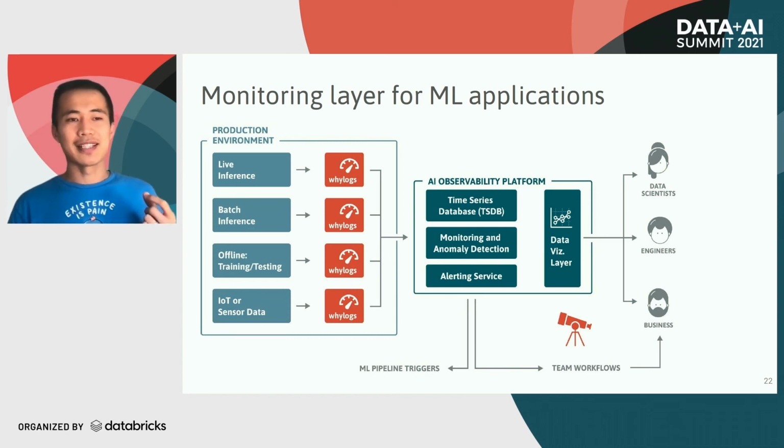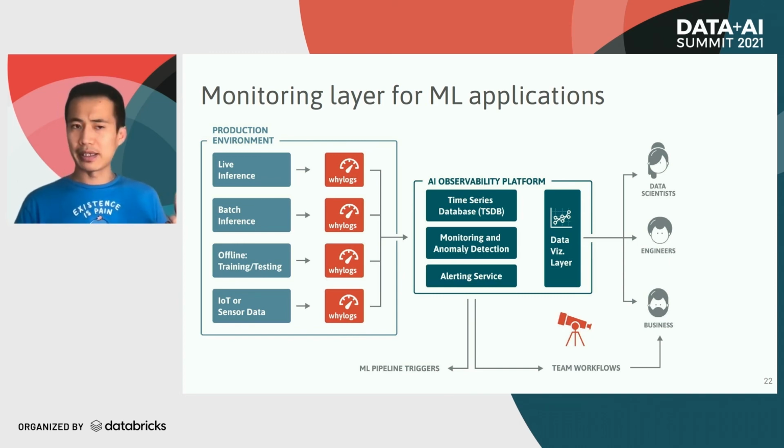So that means that in live inference, when you deploy your model with SageMaker or MLflow model serving, you can also deploy it in batch inference mode if you run batch inference, say with SageMaker and Apache Spark, or when you build the model during the offline training and testing or within your Jupyter Notebook.